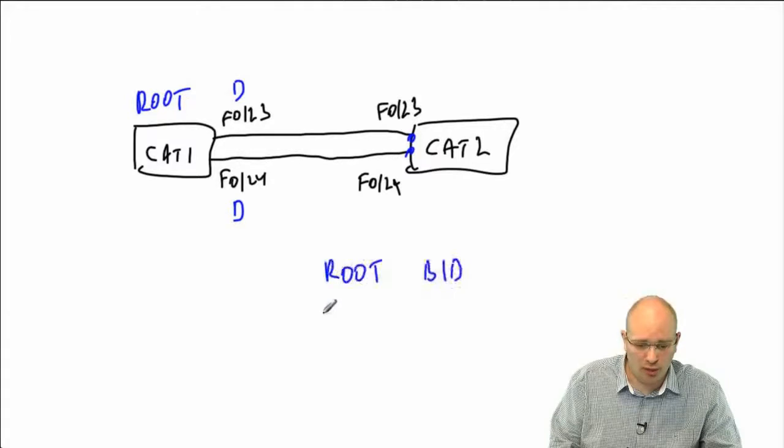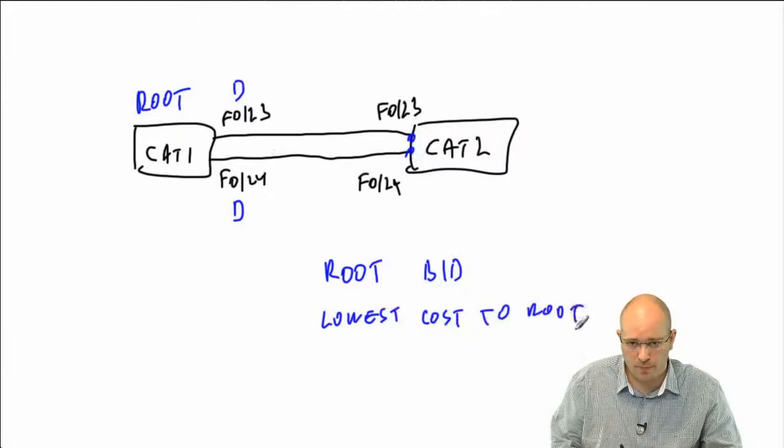Then we are going to look at the lowest path or the lowest cost to the root switch. So lowest cost to root. Then we are going to have the lowest sender bridge ID.